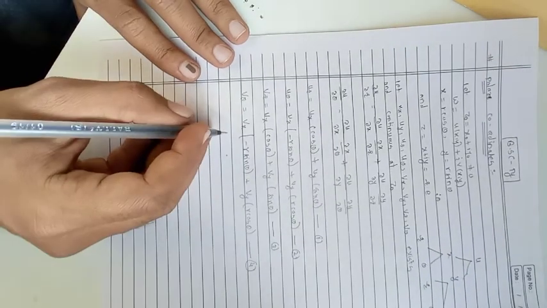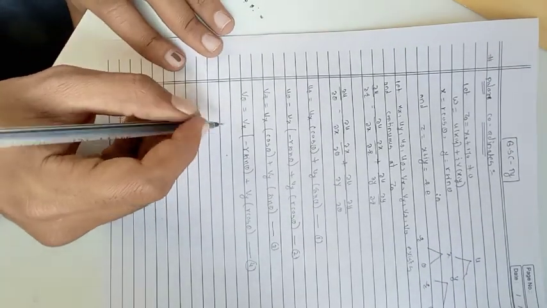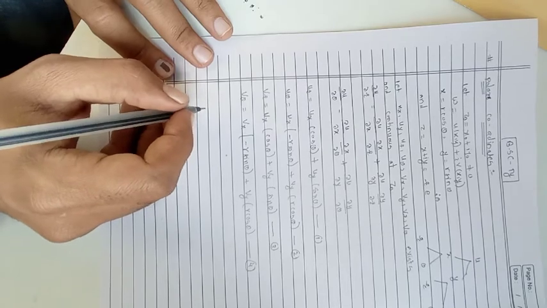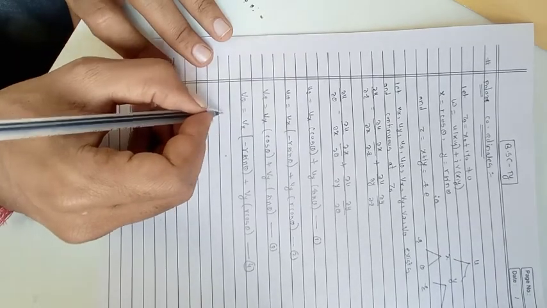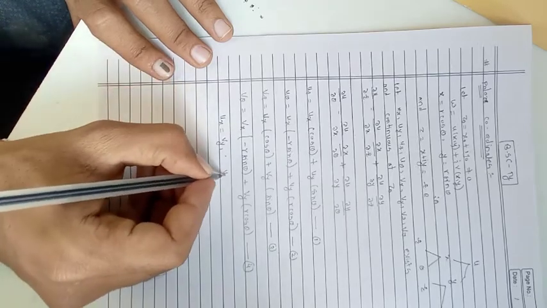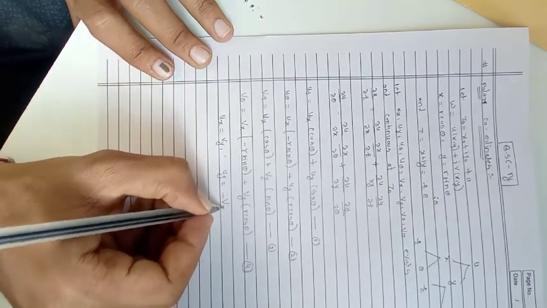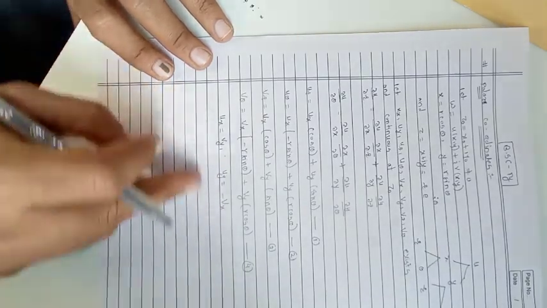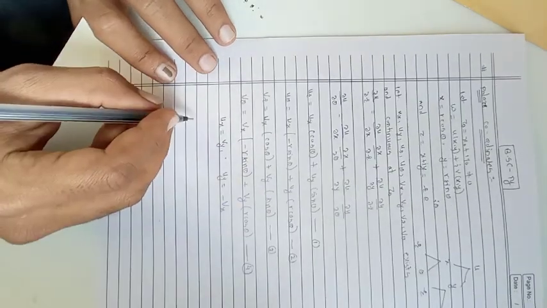But we know that if the function is differentiable at some point, then it must satisfy the Cauchy-Riemann equations: Ux is equal to Vy and Uy is equal to minus Vx. So put these values in equations 3 and 4.